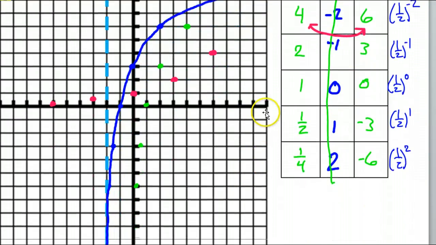So I'm going to take all these pink values and I'll move them down 2. So this will be here, and this one, which is like in the middle. Okay, so it'll be there, and right there, and right there, and right there. Of course, the asymptote will be down 2 as well, and horizontal.